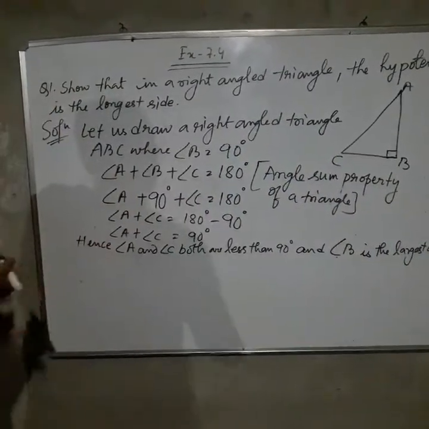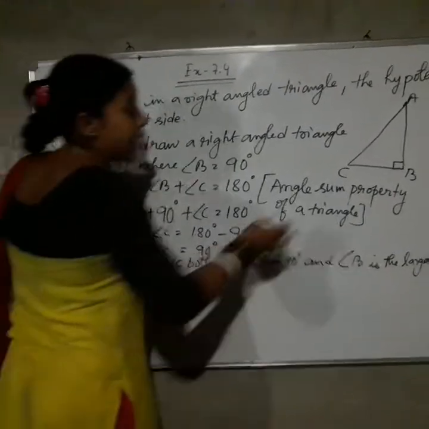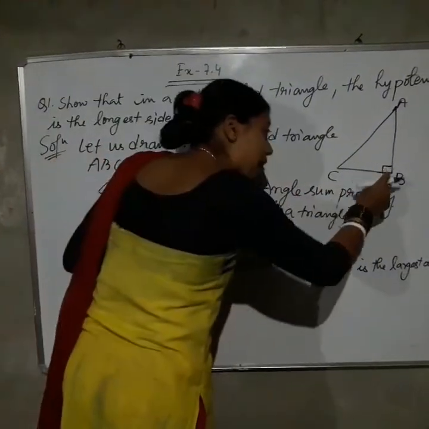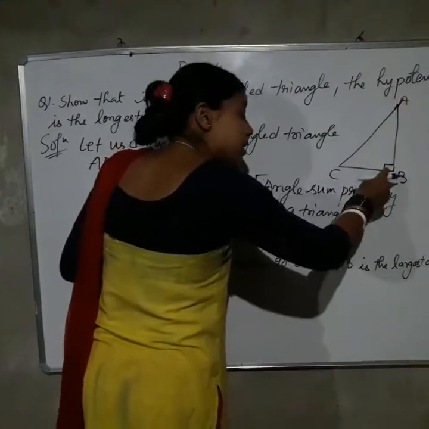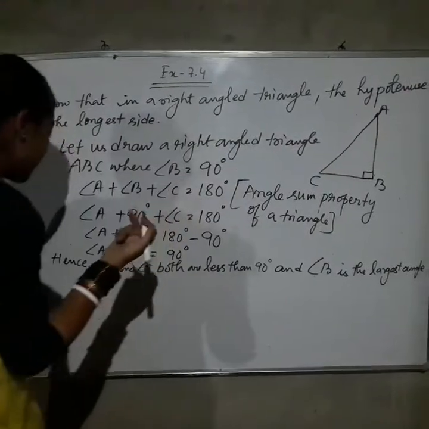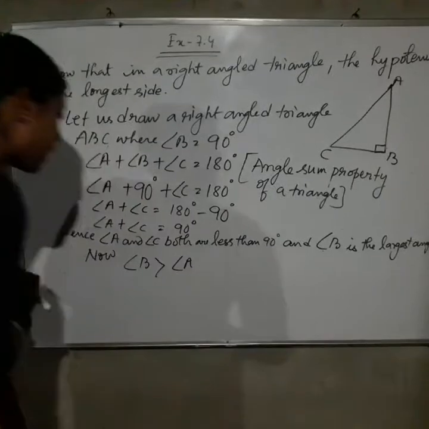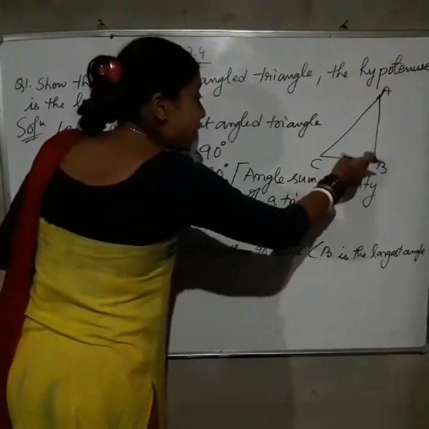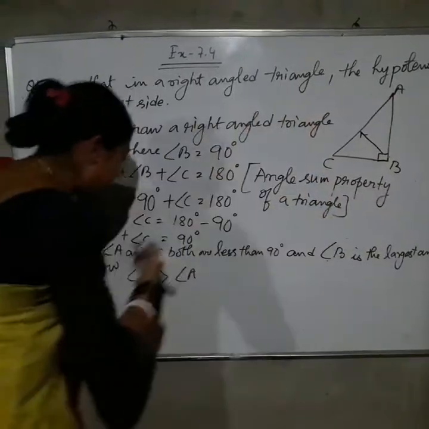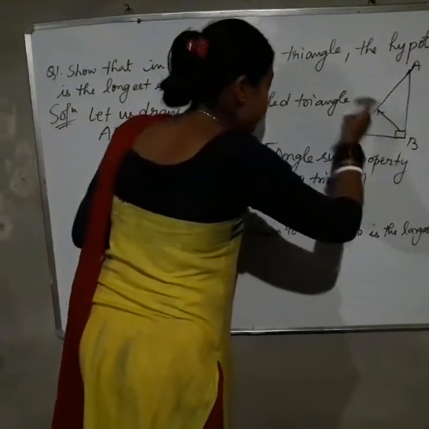Now we can write angle B greater than angle A. Since angle B is the largest angle, and the measure of angle B is 90 degrees but the measure of angle A is less than 90 degrees, angle B is greater than angle A. The side opposite to angle B is AC, and the side opposite to angle A is BC.